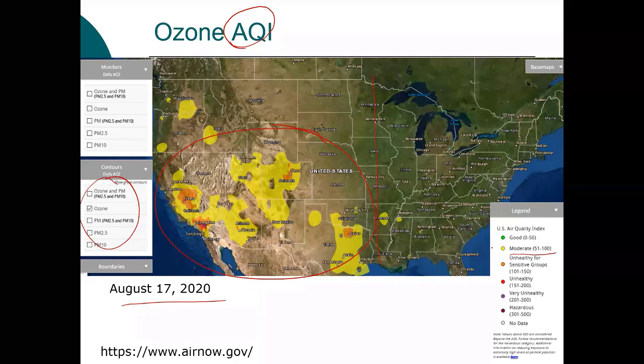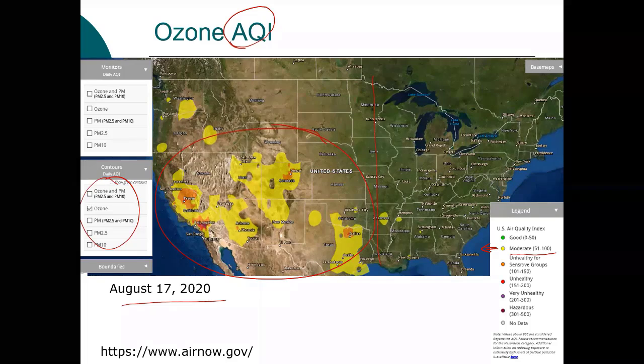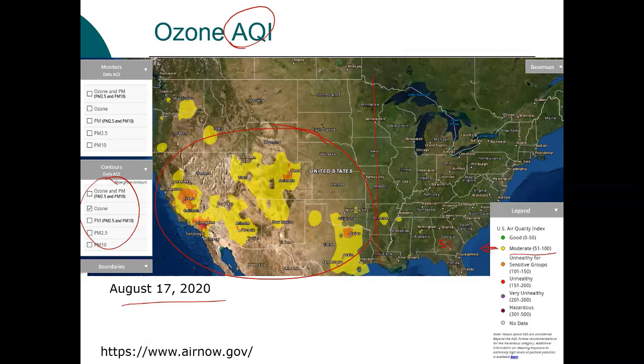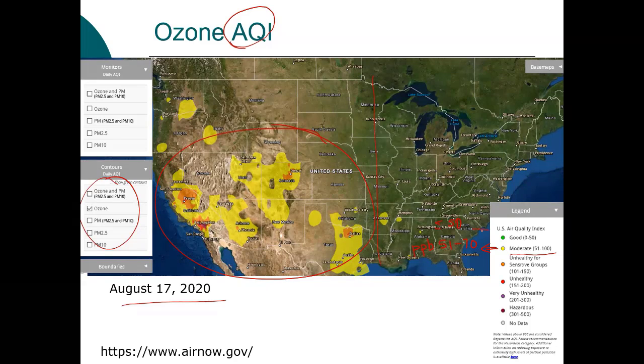Now we can relate these to ozone concentrations. When we relate these to ozone concentrations, we're talking about concentrations between 51 and 70 parts per billion. Less than or equal to 50 parts per billion is considered good.